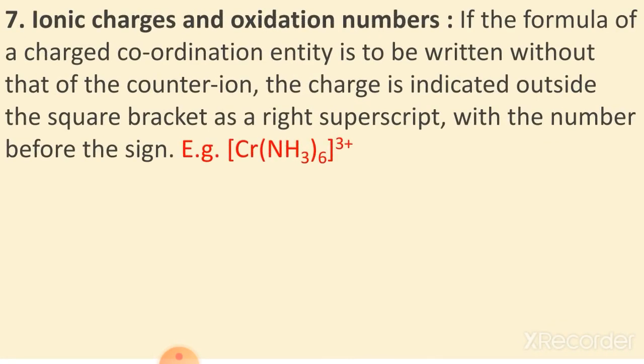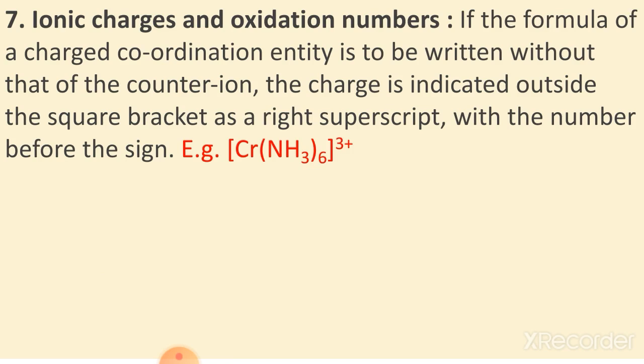Now point number 7, ionic charges and oxidation number. If the formula of a charged coordination entity is to be written without that of the counter ions, the charge is indicated outside the square bracket, that is the coordination sphere, as a right superscript. Are you listening to this or not?